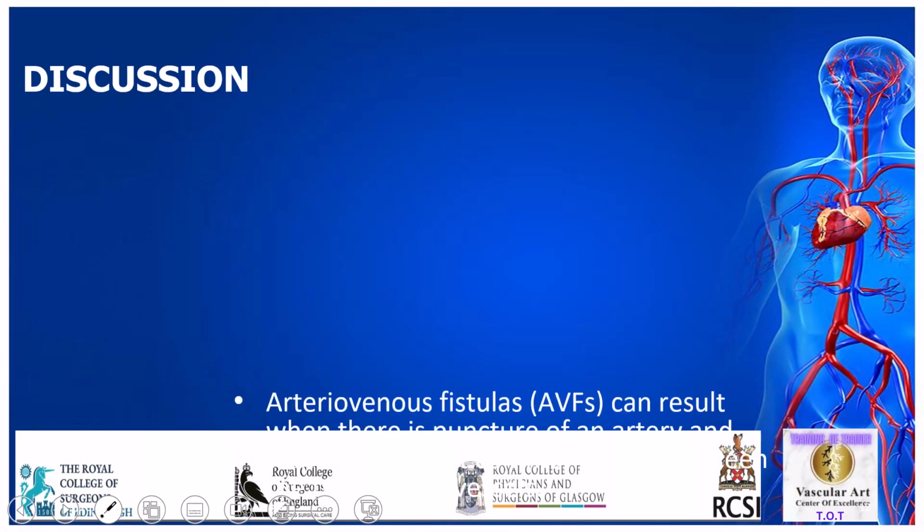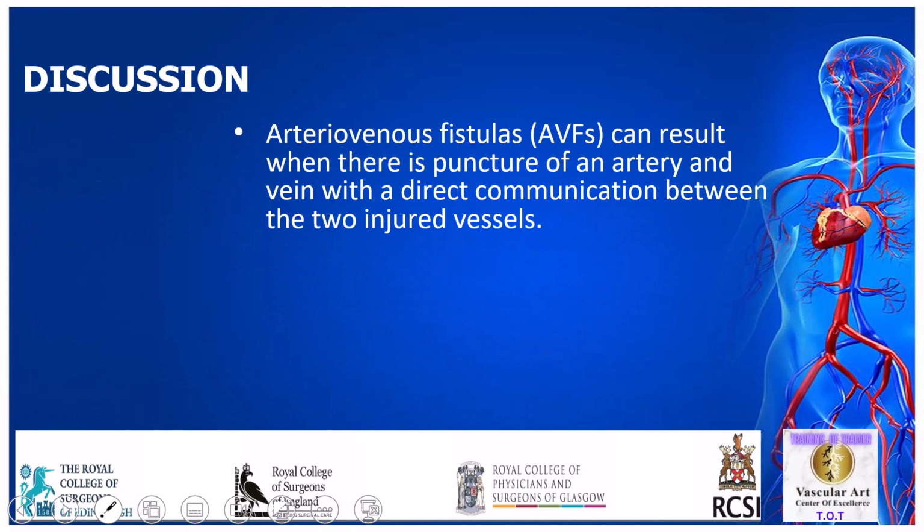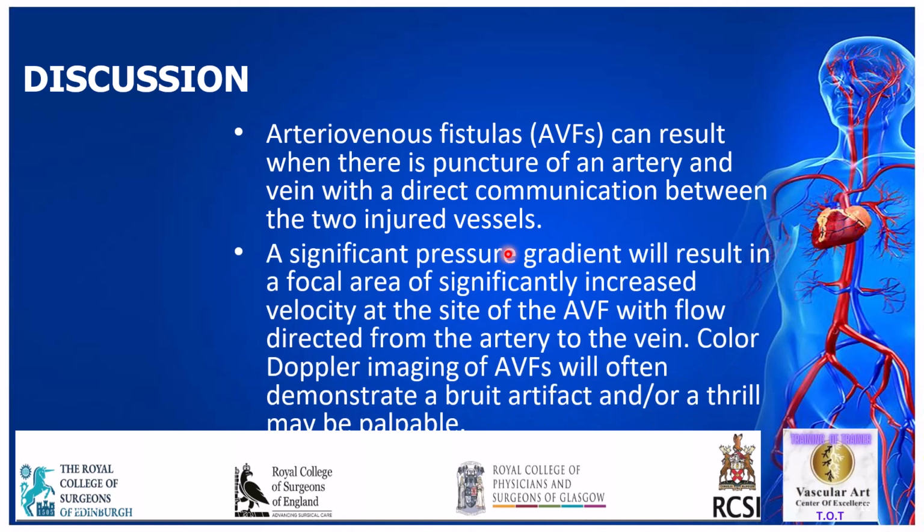Also, if we discuss this case, the arteriovenous fistula can happen in maybe less than 1% and can result from puncture of the artery and the vein, and there will be a direct communication between the artery and vein. It is extremely difficult to delineate this communication area. There is a significant pressure gradient in the focal area, and there will be increased velocity.